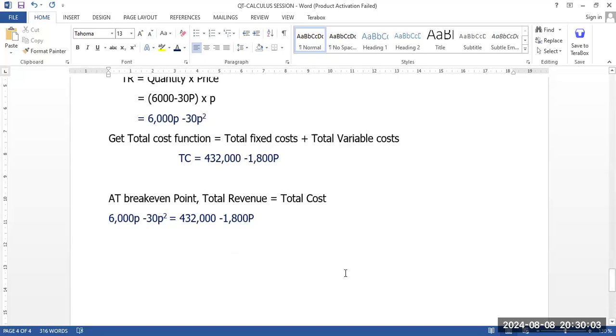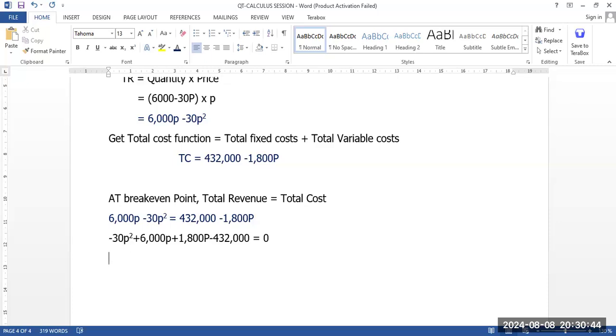We collect like terms. This is negative 30p squared. Start with the highest power. Then plus 6,000p. Then we bring this one to the left side. It will be plus 1,800p. Then minus 32,000. Then everything we equate to 0.